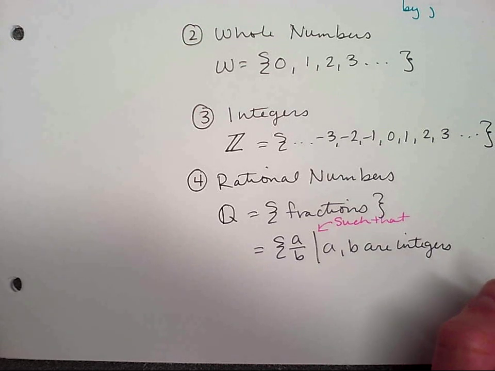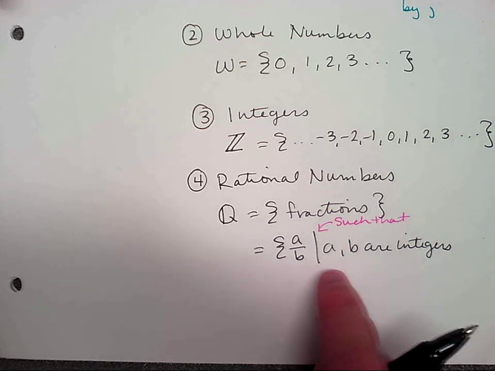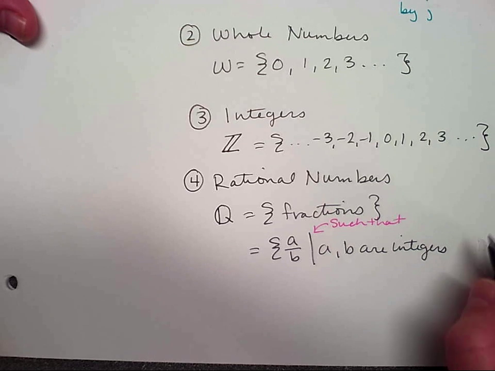Anything else? Why does b not equal 0? Because the denominator of a fraction can never be 0.